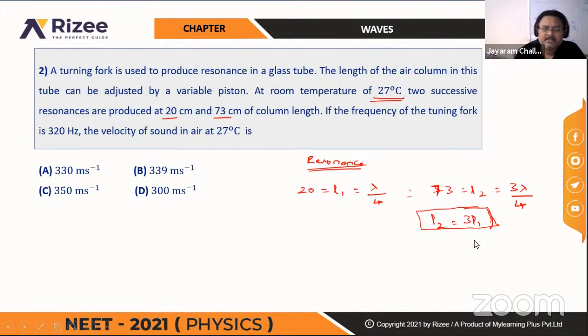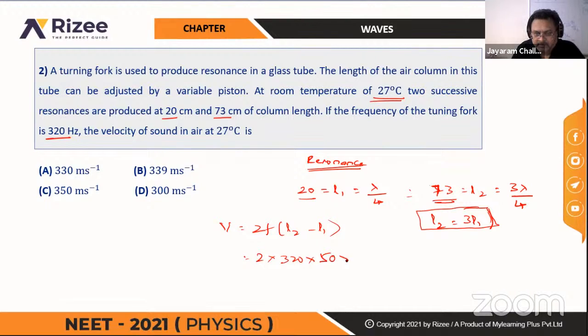The lengths are provided in centimeters. The frequency of the tuning fork is 320. Same formula: V is equal to 2F into L2 minus L1. That is 2 into 320 into 73 minus 20, which is 50 centimeters, that is 50 into 10 to the power of minus 2.